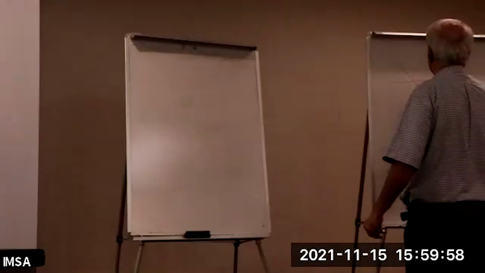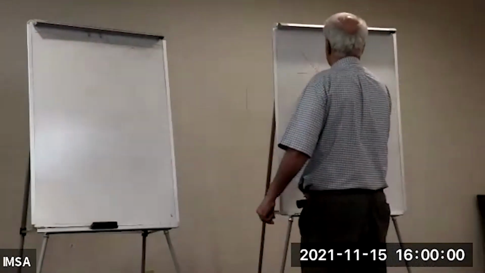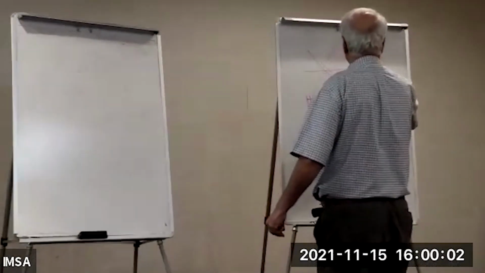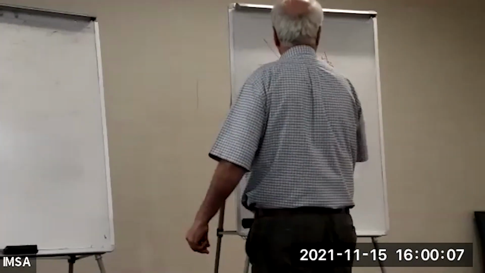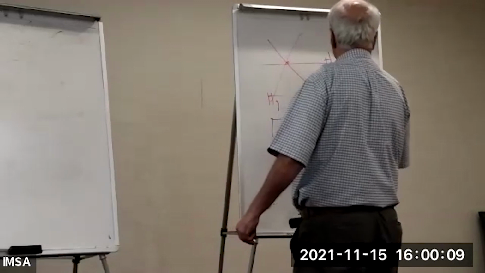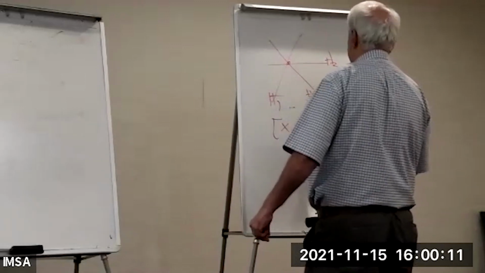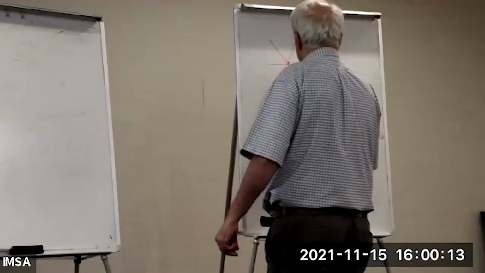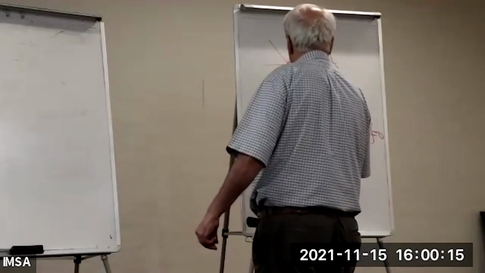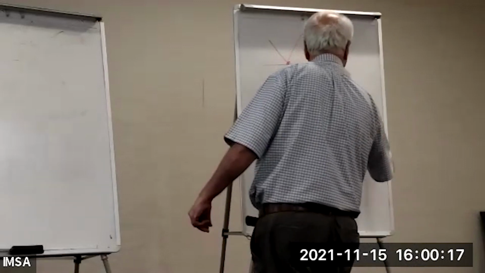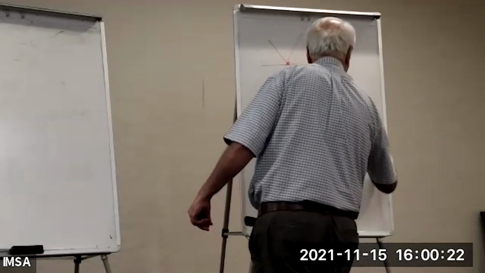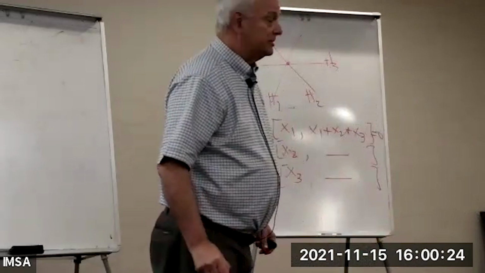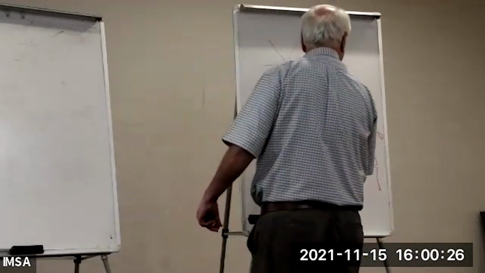Here 1, 2, 3, H1, H2, H3, and that is a multiple point. It says that x1 commutes with x1 plus x2 plus x3, that is, the bracket is 0, right? And x2 commutes with it. And x3. Okay, so for the triple point, you get in principle 3 relations, but one of them is redundant.